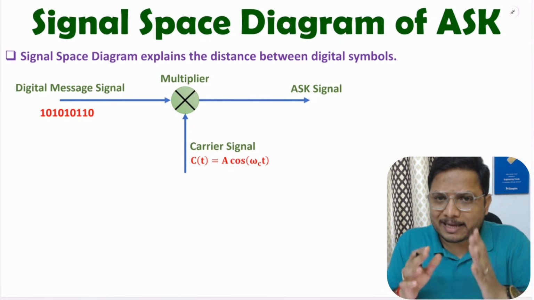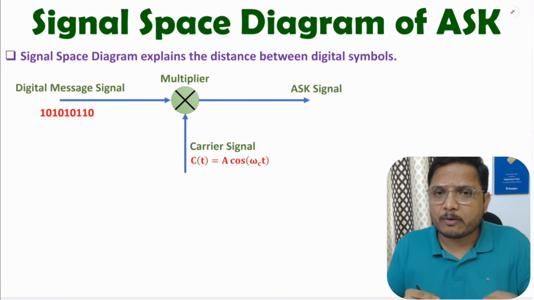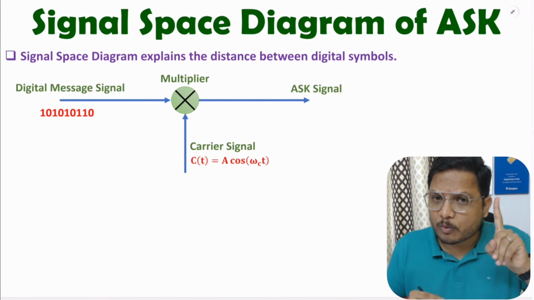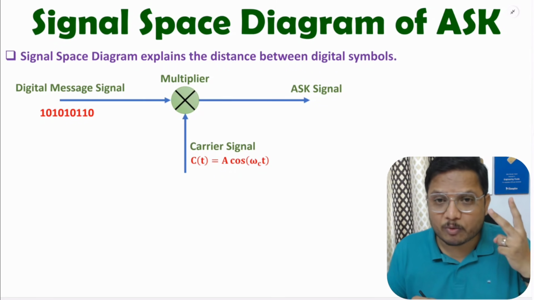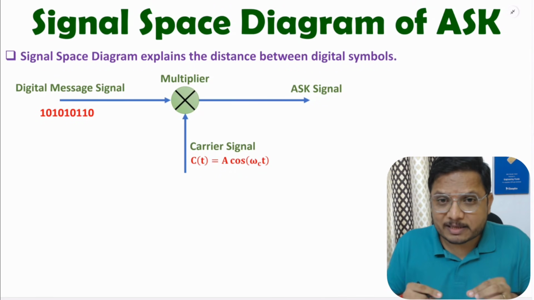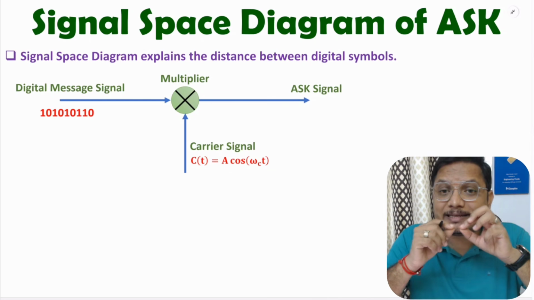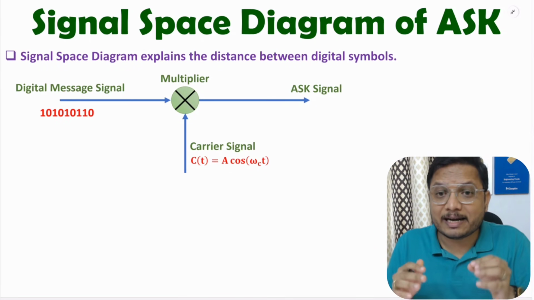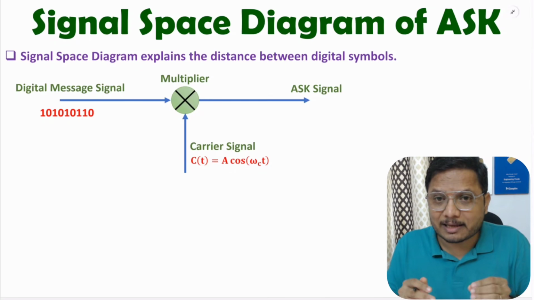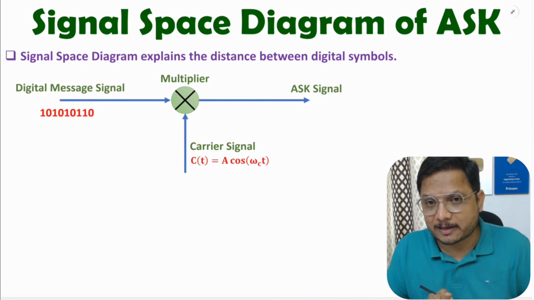If you talk about binary ASK, then we have only two symbols. One symbol is there for logic 0 and second symbol is there for logic 1. In signal space diagram, we need to understand distance between two symbols. And for that, we need to understand amplitude of message signal and amplitude of carrier signal.